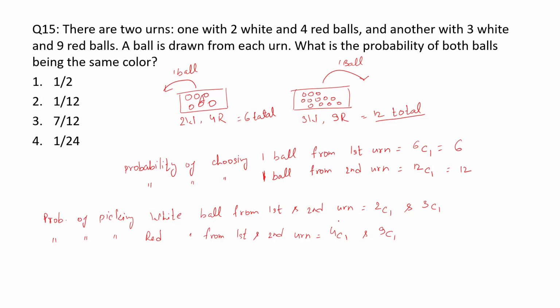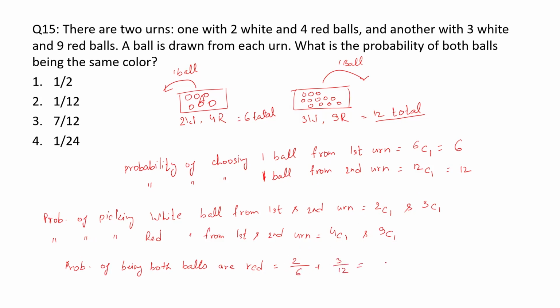So now what is the probability of both the balls being red? What is the probability that both are red? So the probability of red is 2 upon 6 plus 3 upon 12, right?